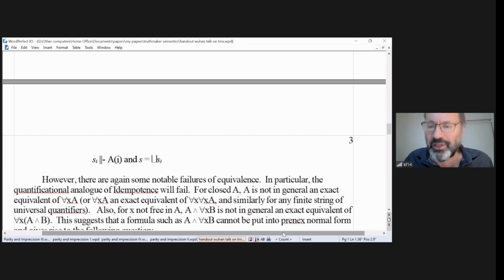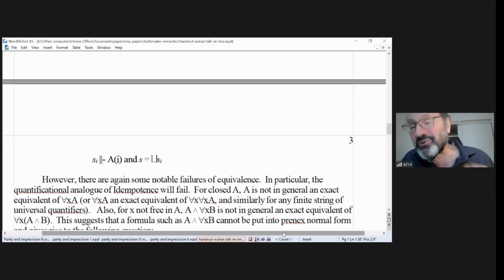I've got A and for all XB, and I ask you now, take the quantifier out, it's for all X, A and B. Those two are not in general going to be equivalent. One way of seeing that, without going through the reasoning, is that for all X, A and B is going to be equivalent to for all X, A and for all X, B. Now, if A is not equivalent to for all X, A, there's no reason to think that A and for all X, B is going to be equivalent to for all X, A and for all X, B. So that distribution principle will fail.